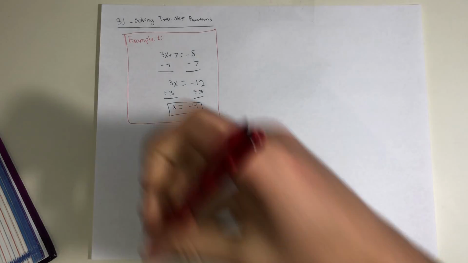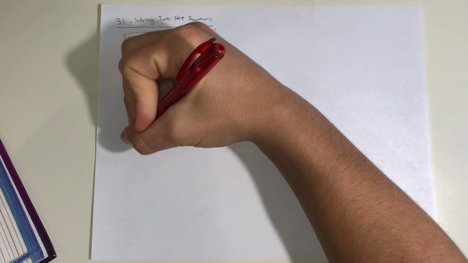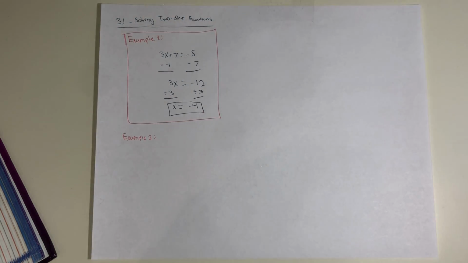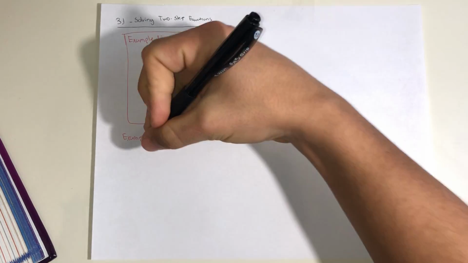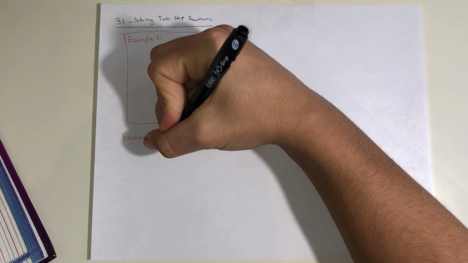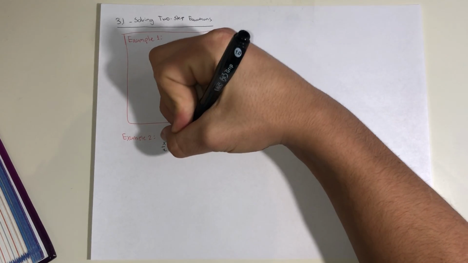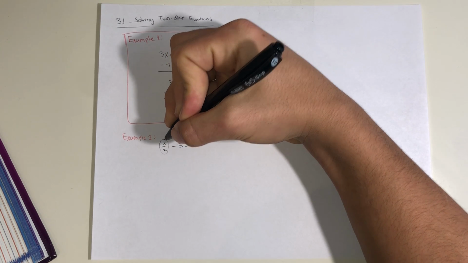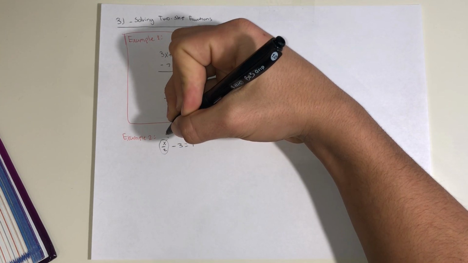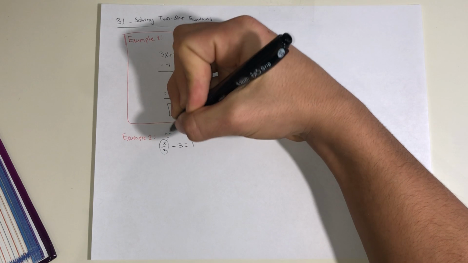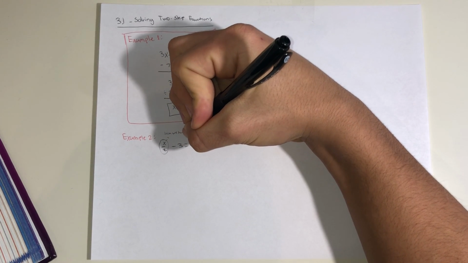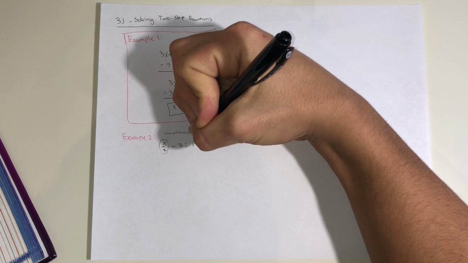So, example 2. Example 2 gives us: solve x divided by 2 minus 3 equals 1. This right here is the term we have to isolate.